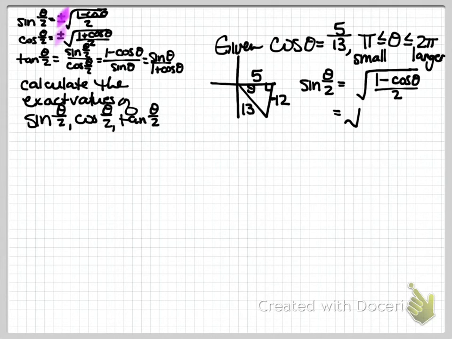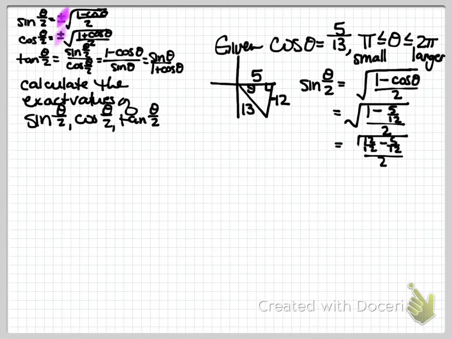So that's going to be the square root of 1 minus the cosine, ours is 5 over 13, divided by 2. Now we need to do a common denominator. And I know how you guys don't like doing these common denominators, but it's important. So that's going to become (13 over 13 minus 5 over 13) divided by 2.